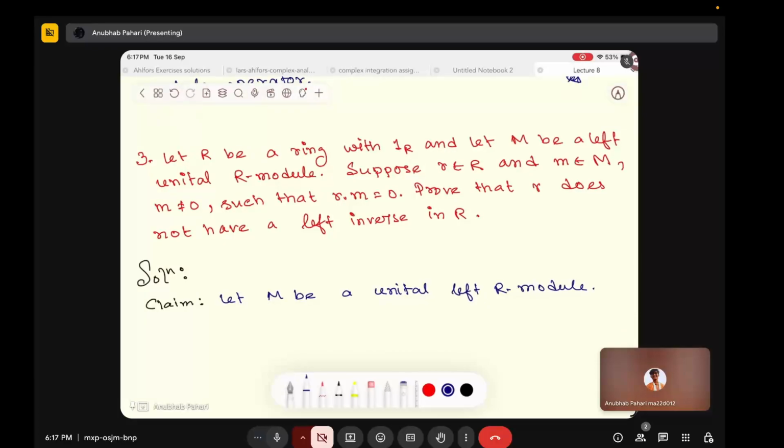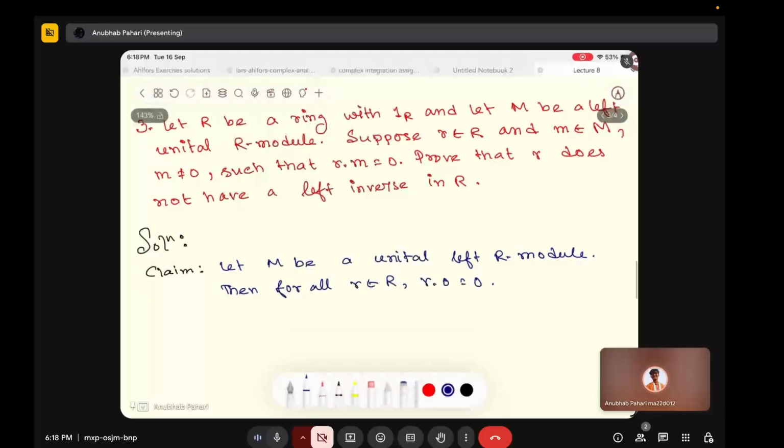Then for all r belongs to capital R, we have r dot 0 equals 0.